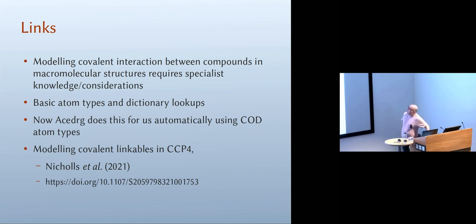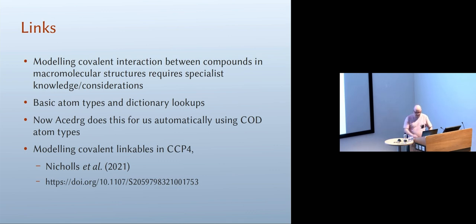As I said, it requires exquisite care and understanding of the chemistry that you're trying to model. These days, with the new version of ACEDRG, all we need to do is to tell it the bond order, and it can determine the atoms that are involved in the interactions, and ACEDRG does the rest for us.